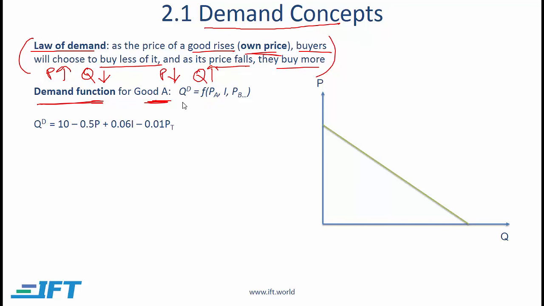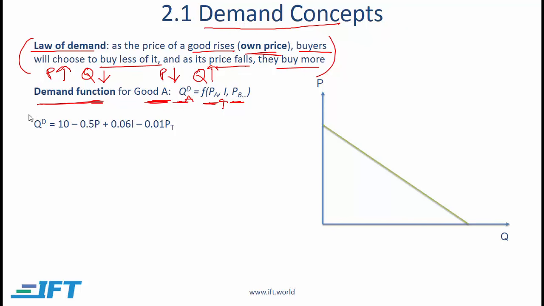So obviously the demand for a particular good is a function of the price of that good. So demand for good A is a function of the price of A. It is also a function of the income levels. So you can imagine that in general, if incomes are higher, then the demand will be higher. It can also be a function of the prices of other goods. So let's say the price of tables impacts the demand for chairs and so on.